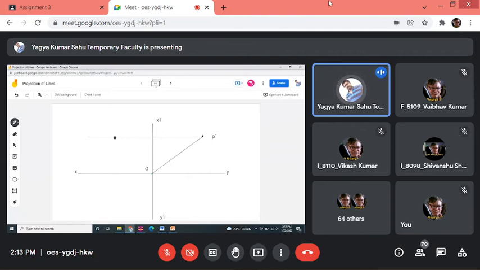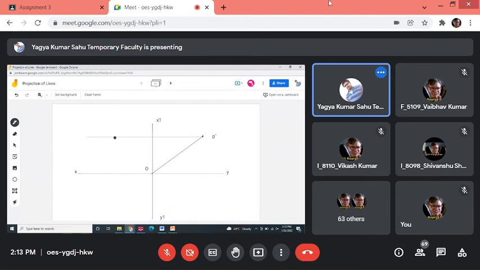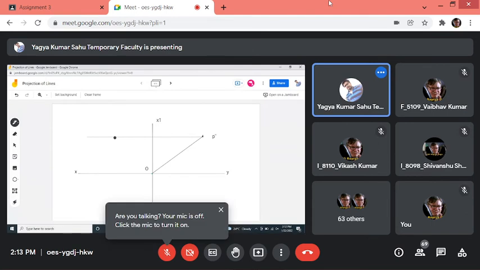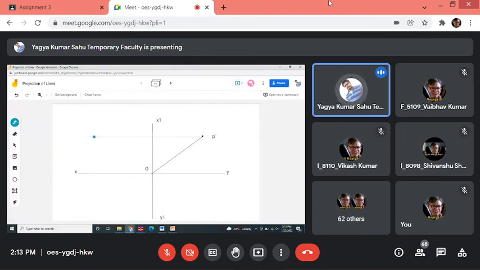And what about the P top view? Below the XY plane. And what about the distance? The distance will be the same. It is written. Same means how much should the distance be?